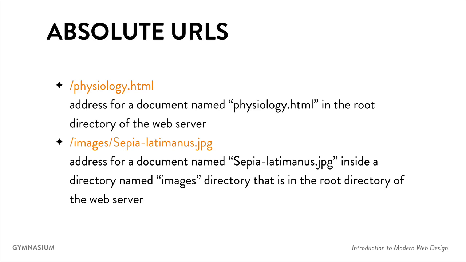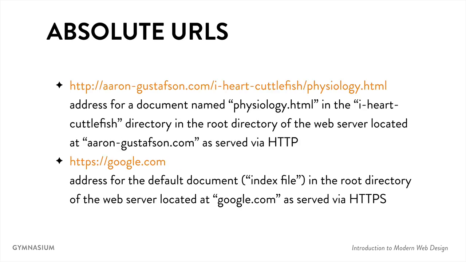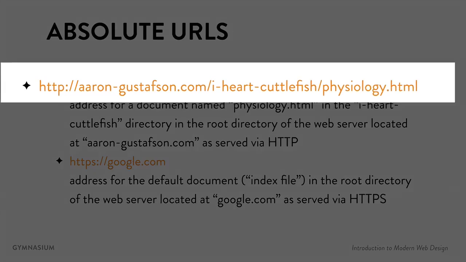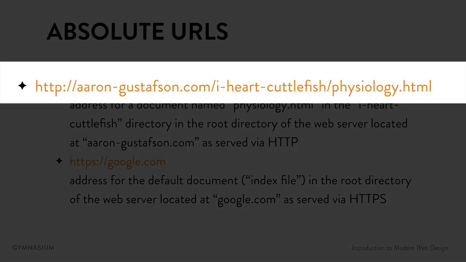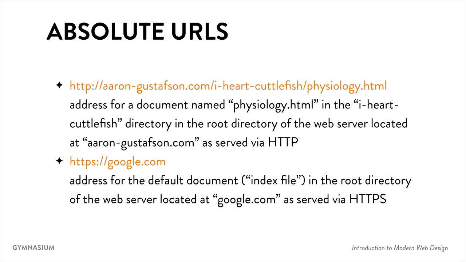Now, another form of absolute URL actually includes the domain and the protocol that are being used to reference the file. So if I say http://aaronguustafson.com/iheartcuttlefish/physiology.html, that is going to point to physiology.html within the iHeartCuttlefish subfolder within the root of aarongustafson.com, and it's referencing it via HTTP as the protocol.